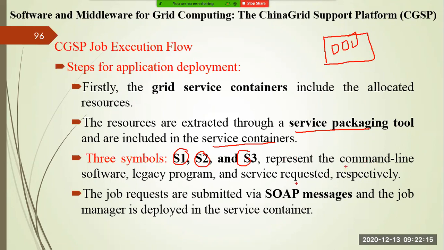S1 represents the command line software, S2 supports the legacy program, and S3 supports your service request. They represent these symbols so that they can easily know what kind of things you want to do, right? The next is that job requests are submitted with a SOAP message. They invoke the Simple Object Access Protocol to submit the job, and the job manager is deployed in the service container.